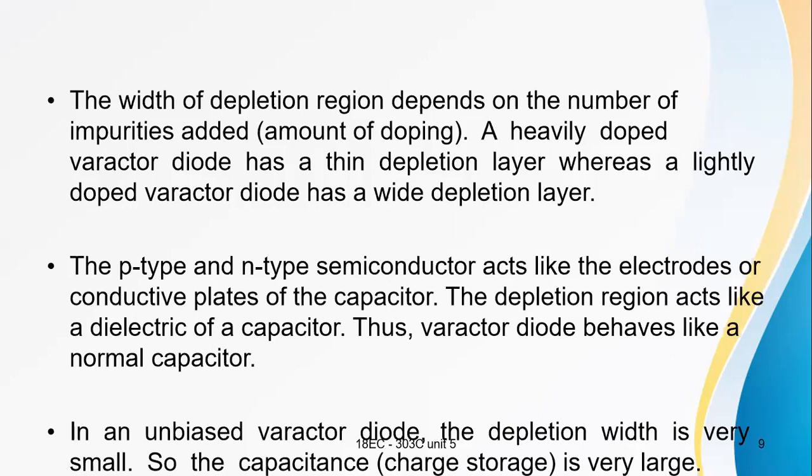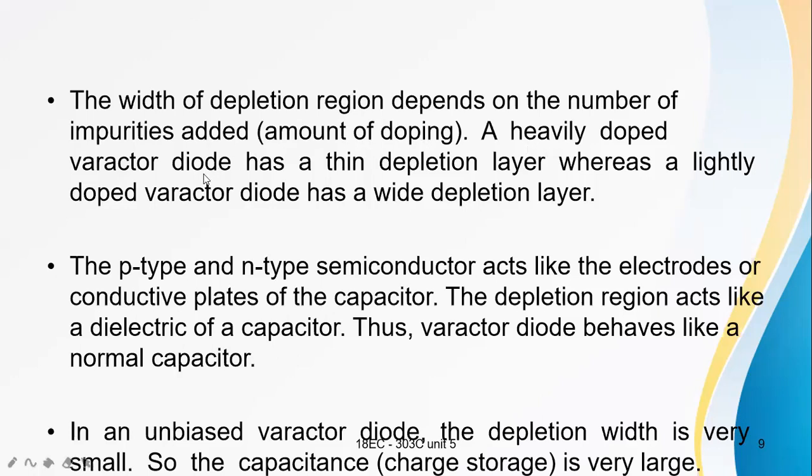Whenever there is a junction, there will be a depletion region depending on the applied voltage. The width of the depletion region depends on the number of impurities added at the time of doping. Doping means adding impurities.